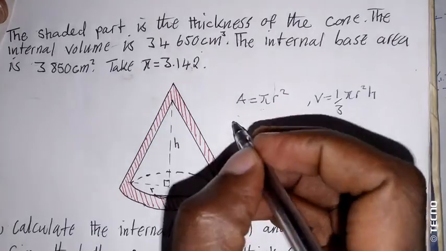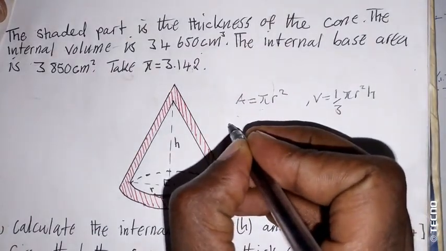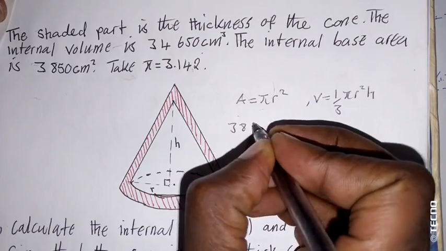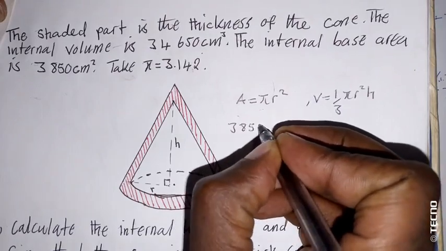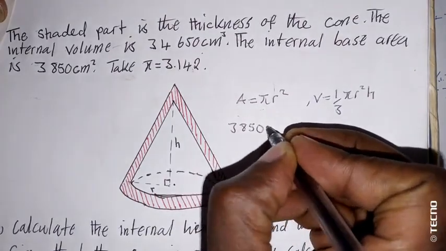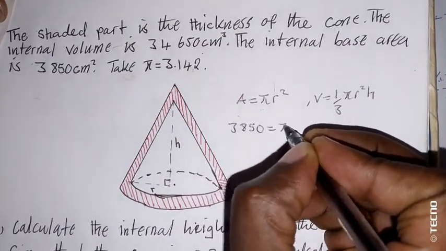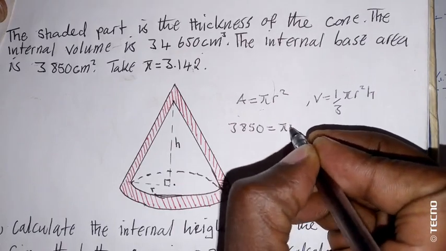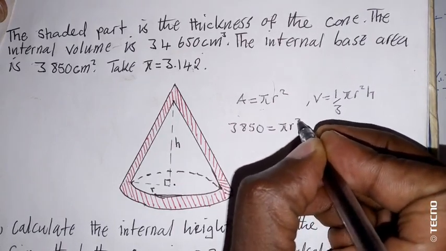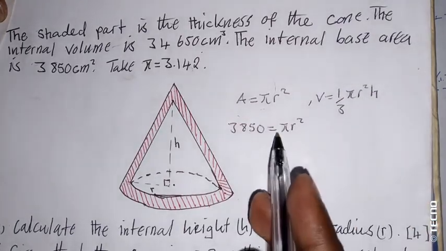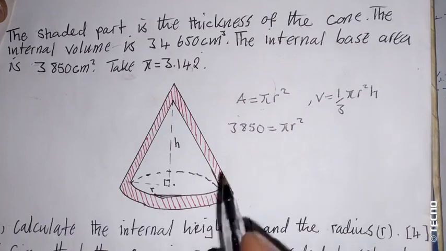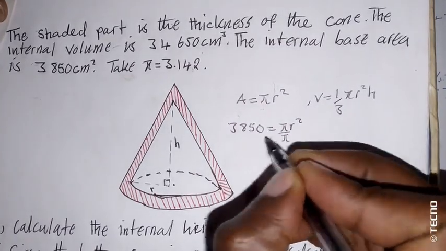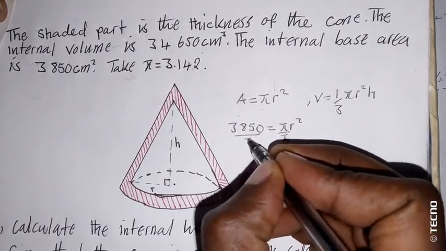We'll say 3,850 is equal to pi r squared. Since we have already been given pi, we can divide throughout by pi, even this side by pi.